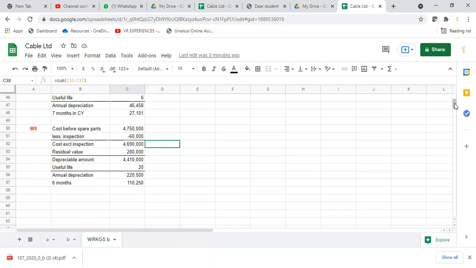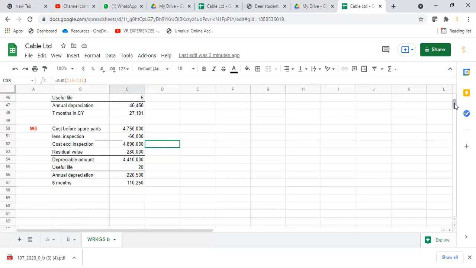The general rule for impairment is that you only perform an impairment test if there is an indication of impairment. If there is no indication of impairment, you do not perform an impairment test.